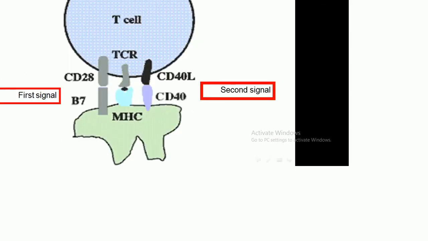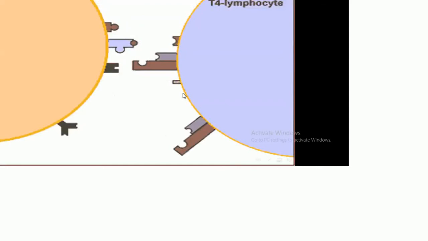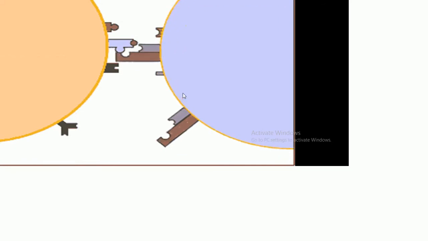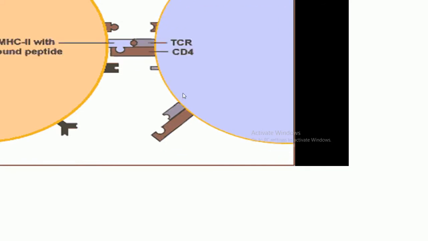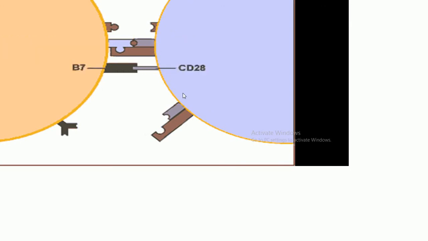And this shows us how B lymphocyte stimulation occurs. This is the first signal, CD28 with B7, and this is the second signal, CD40 ligand binding with CD40. Here the B lymphocyte will bind with the T lymphocyte.